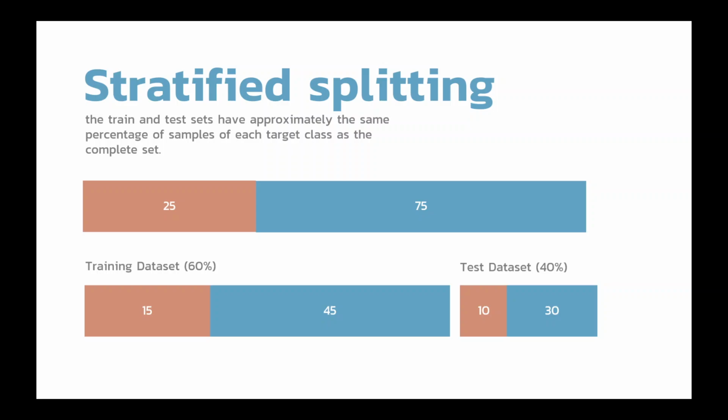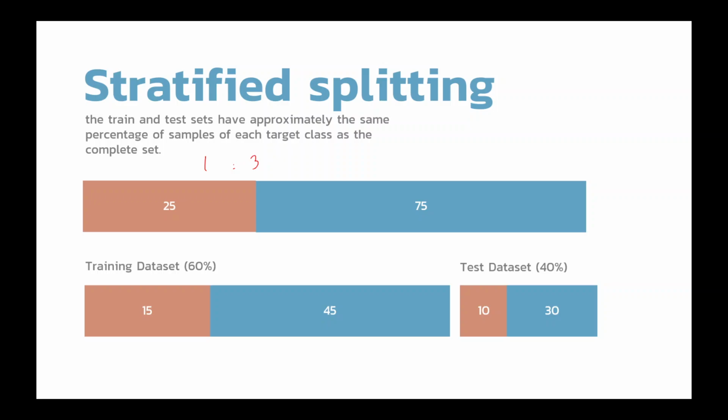So the way that you do it is, let's say that in your data, you have the red class with 25 rows. You have 25 samples of the red class and 75 samples of the blue class. So that means that your class distribution is 1 to 3. Sorry, I made a mistake explaining.